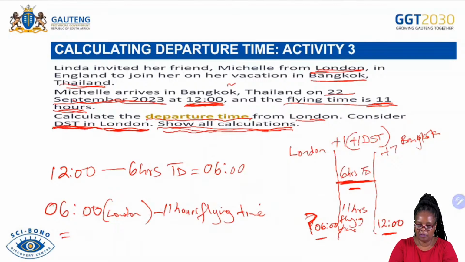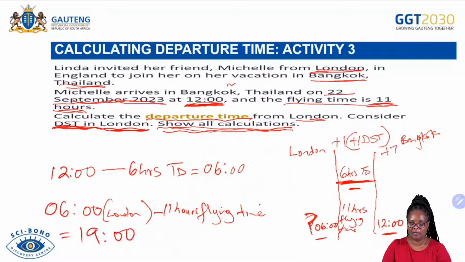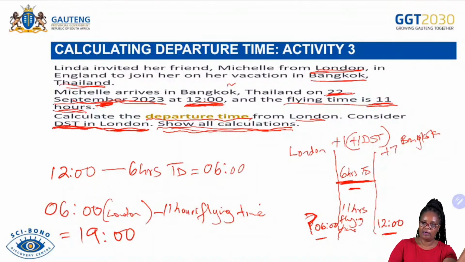We said here 0600 hours minus 11 hours flying time. We have 1900 hours. Then now we want the date, because Michelle arrived in Bangkok on the 22nd of September. But remember, because we were going back in time, we passed midnight.